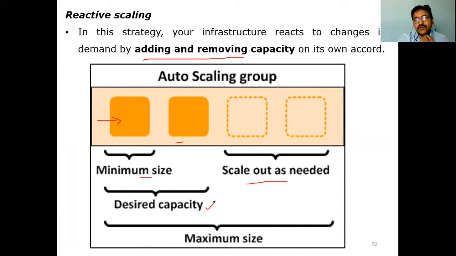Like this, we move from one to another, and if more requirements arise, we can use the empty resources as well. This is done automatically. Automatic scaling can be done in reactive scaling. So reactive is the best and cheapest one, because as required we can adjust, adding or removing resources.